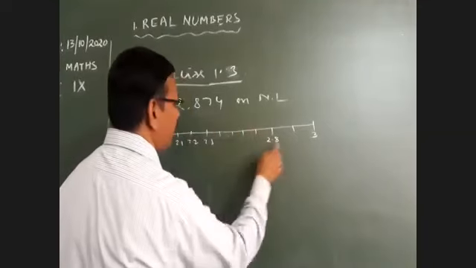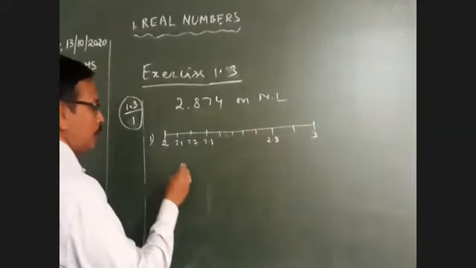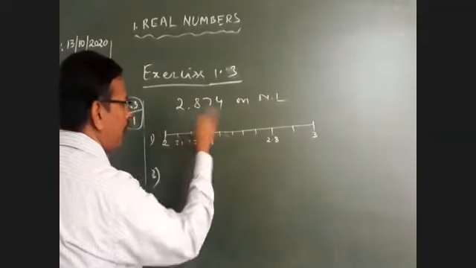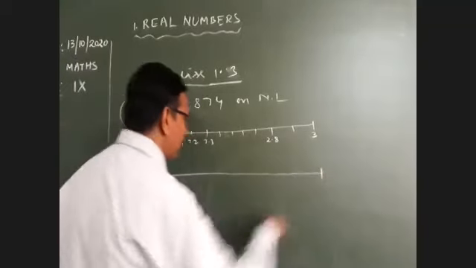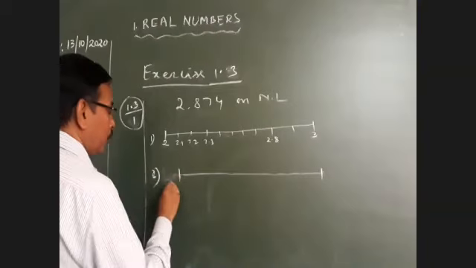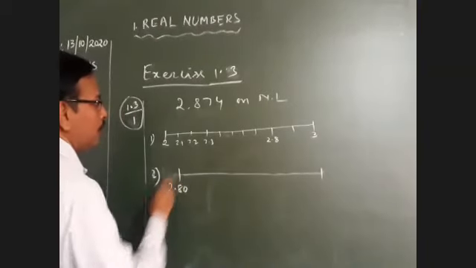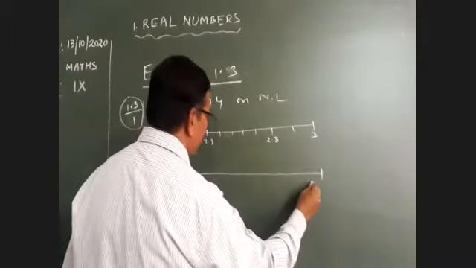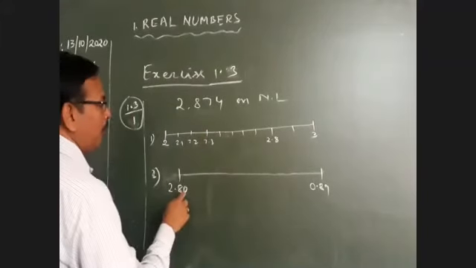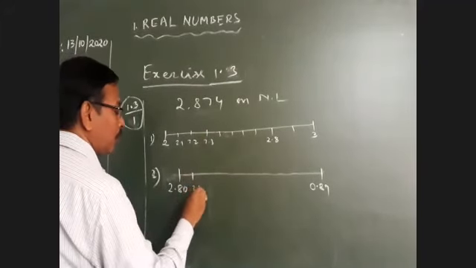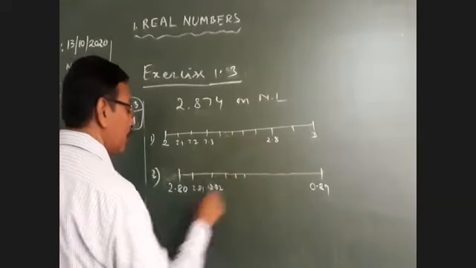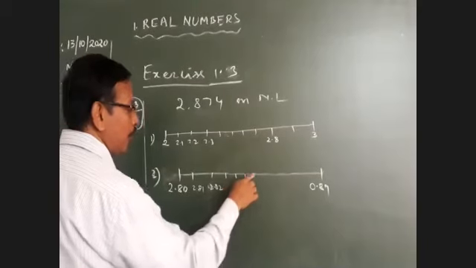Now 2.8 is over, and we have to go for 2.87. In the second step, 2.87 means starting from 2.80, again the same way, up to 2.89. So 2.80 upward: 2.81, 2.82, goes on like that: 83, 84, 85, 86, 87.